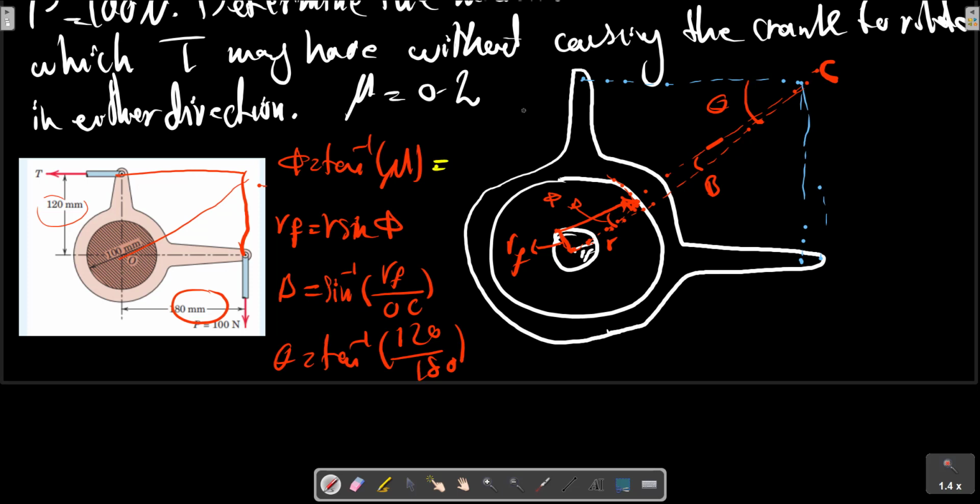Phi can be calculated, and RF, which is the relation. Beta can be calculated, and theta.